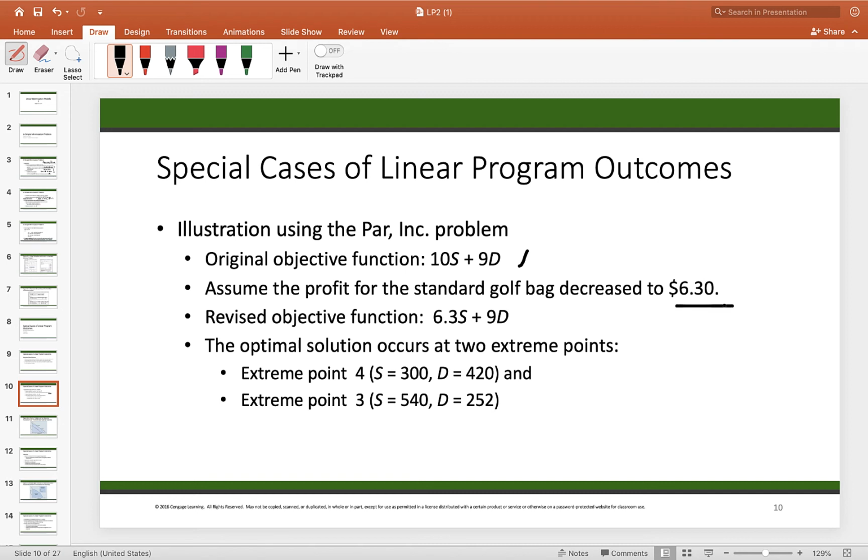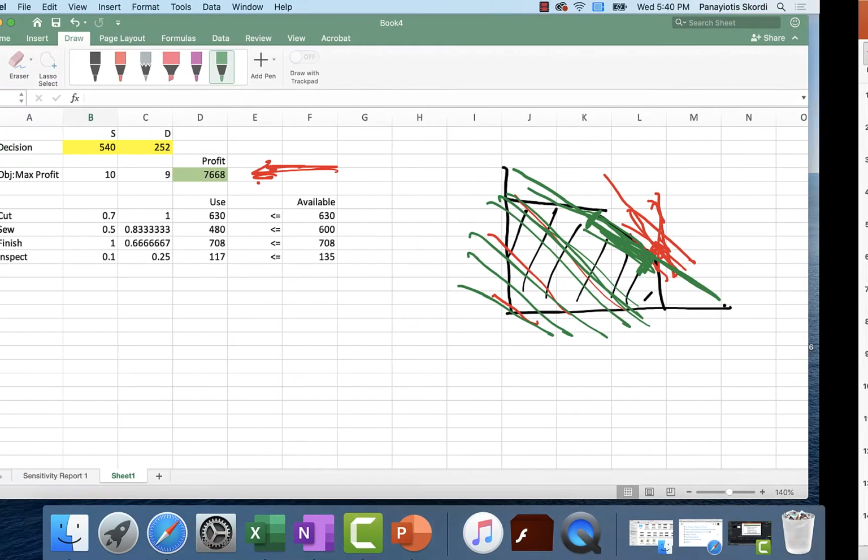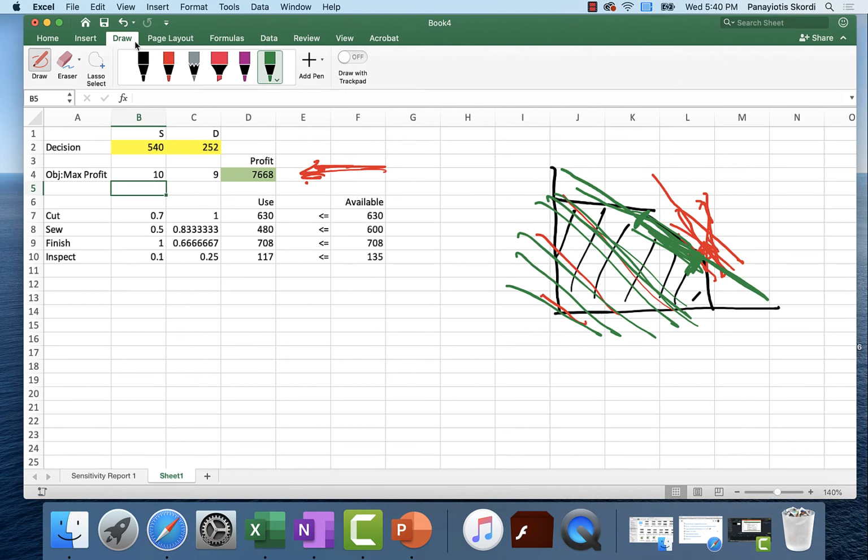So let's go back and do that, because it's saying that's going to give us multiple solutions. So what they want us to do is change this in here to $6.30, 6.3, and apparently that's going to give me multiple solutions.